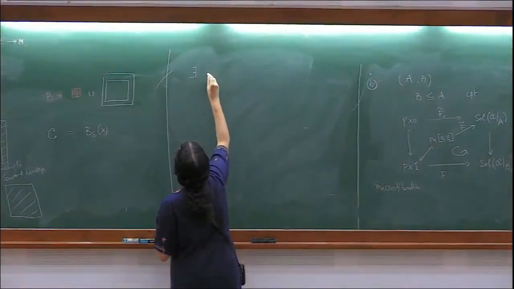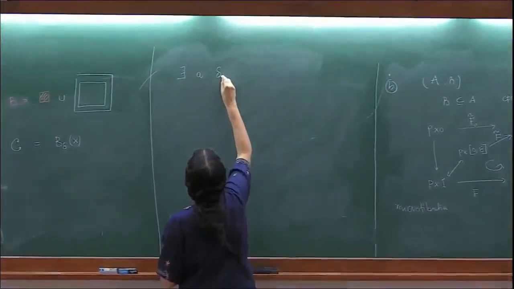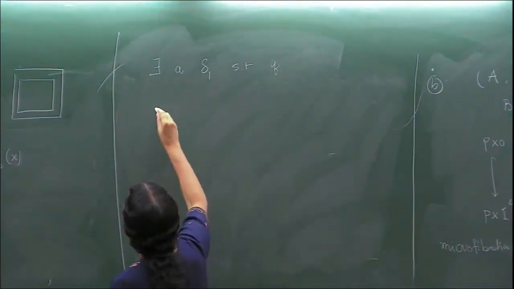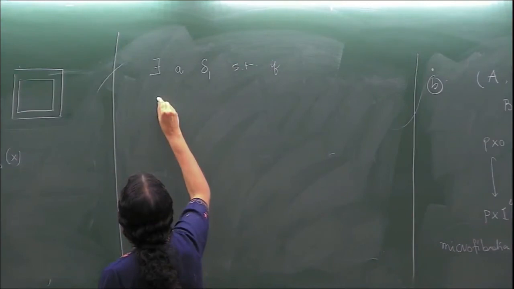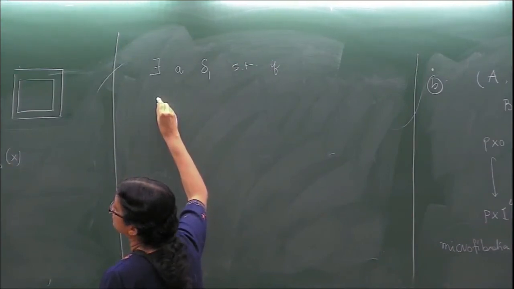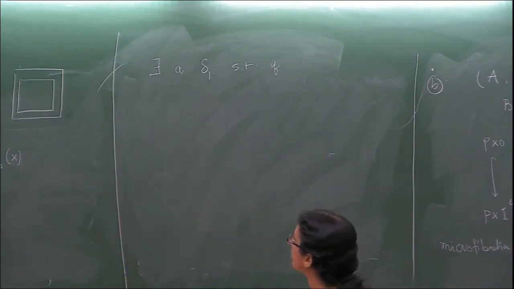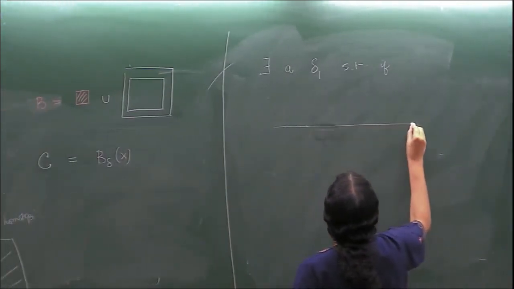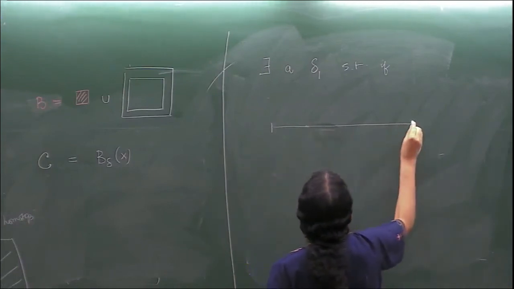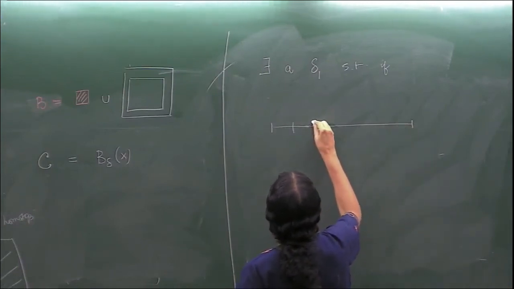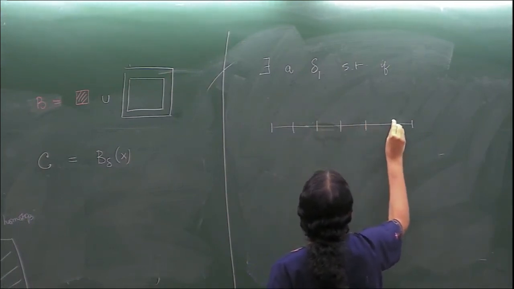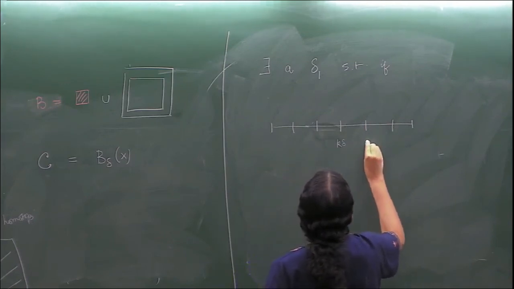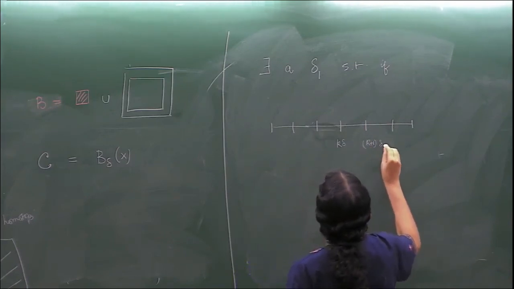So there exists a further delta 1 such that, I can partition the whole thing like this. So this is, say, k delta, and this is k plus 1 delta, and so on.